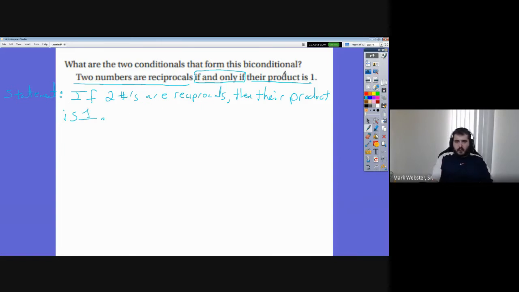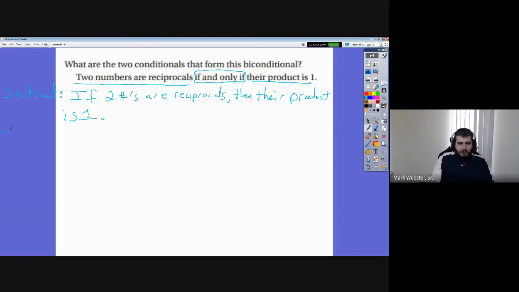That is to say, reciprocals, remember, we're thinking about like 2 over 1 versus 1 over 2, 4 over 3 versus 3 over 4, right? And if two numbers are reciprocals, when you multiply them together, their product is 1. 4 times 3, 3 times 4, we get 12 over 12, right? Which is 1.